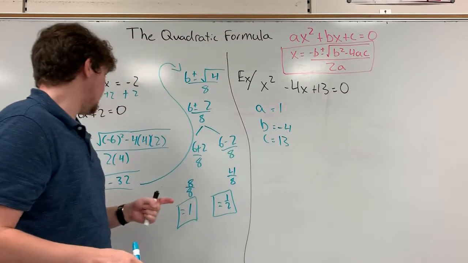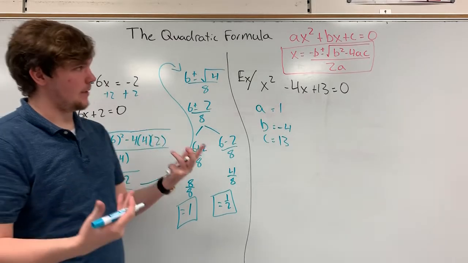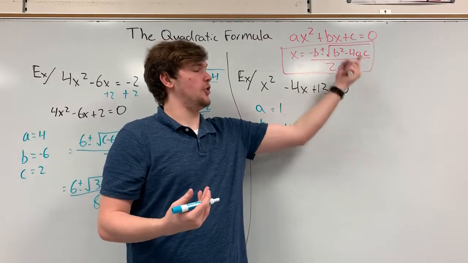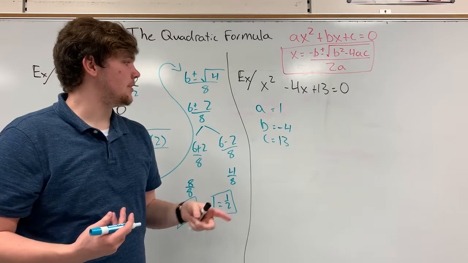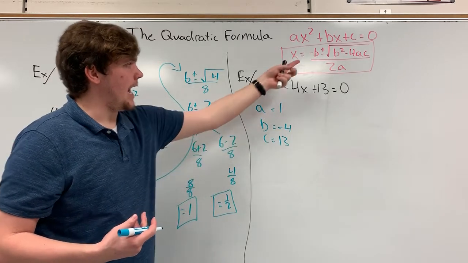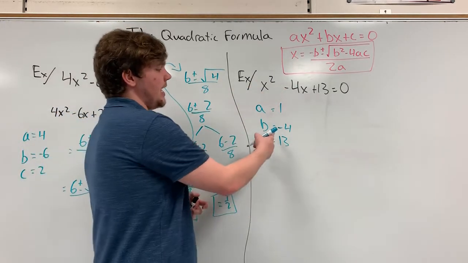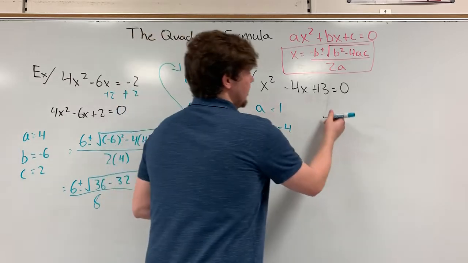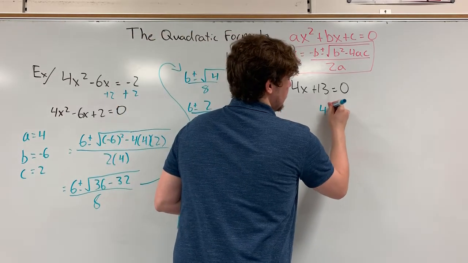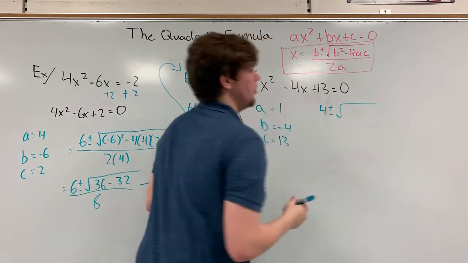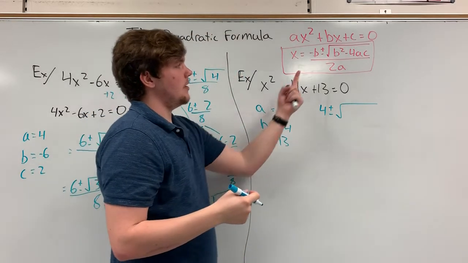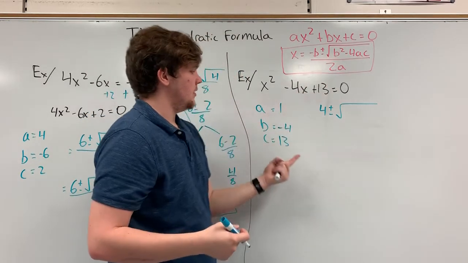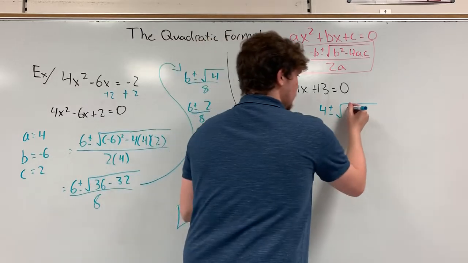Now let's go ahead and take these A, B, and C and substitute them into our quadratic formula. So I need the opposite of B, so the opposite of -4 is +4, plus or minus the square root of B squared, so -4 squared.